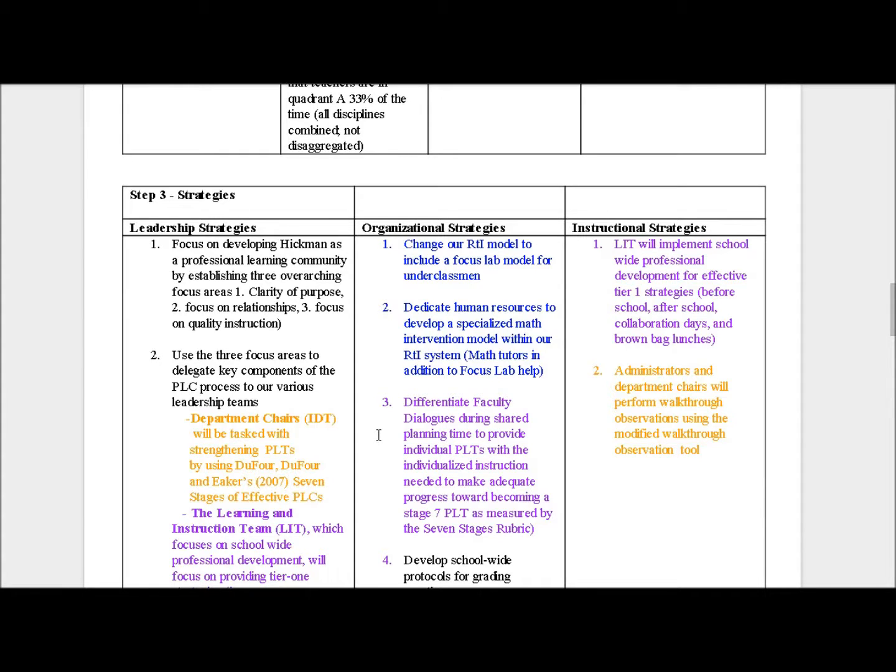We also wanted to dedicate human resources to develop a specialized intervention model within our RTI system. So when we noticed that math had a pretty significant number of Fs for 2013-14, we knew that there's something additional that may need to be done. So Lisa Nieder presented to you all at the beginning of the school year about some strategies that math was going to use.